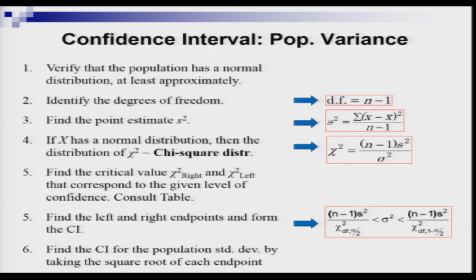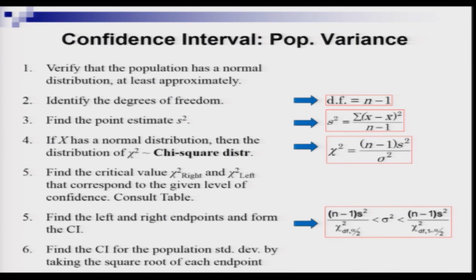And once these left and right critical values are obtained, you can find the confidence interval by following the formula that I am showing you in the very last box in this slide. You see that this has two endpoints.